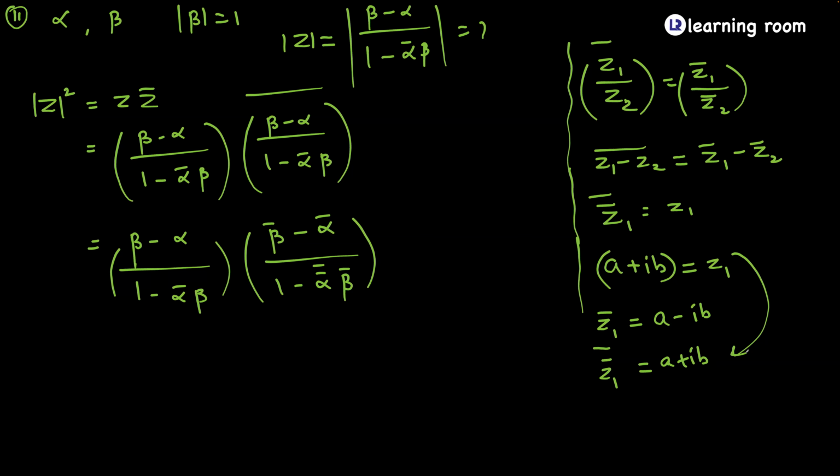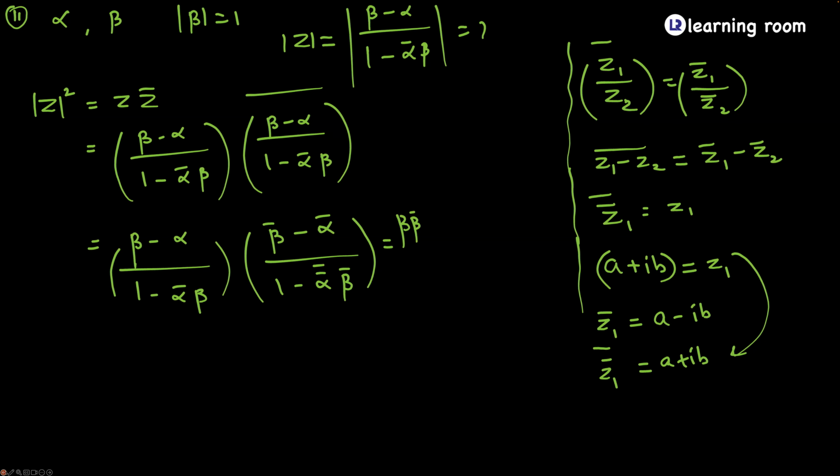So in the numerator you have 4 terms, denominator you have 4 terms. Numerator you have 2 terms, and here you have 2 terms. So 2 into 2 will give you 4, and here also it should give you 4 terms. So observe, this is going to be beta into beta conjugate.